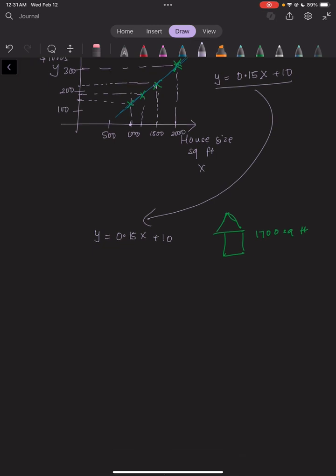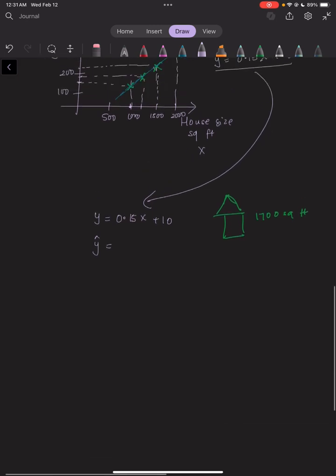So I'm going to give my predicted cost with a y hat, because it's predicted. So I'm going to do 0.15, for my x I'm going to put 1,700 square feet, and then plus 10. And if my math is correct, that should be 265,000.